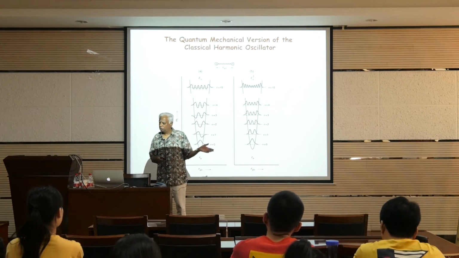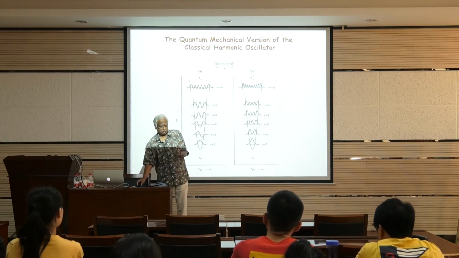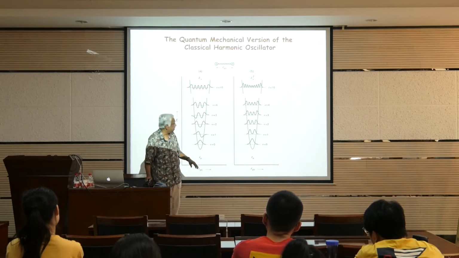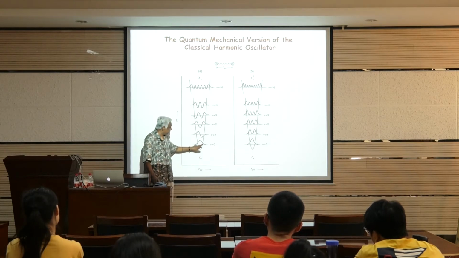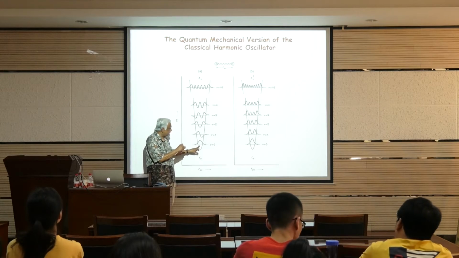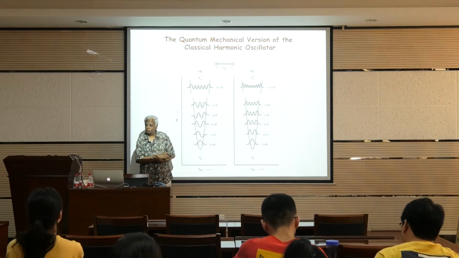Which is the most probable at that particular vibrational level is given here. So if you have a molecule in vibrational level 0, most of the time it will be somewhere here. See this probability distribution, it tells you where the atom is likely to be in this vibrational level 0.